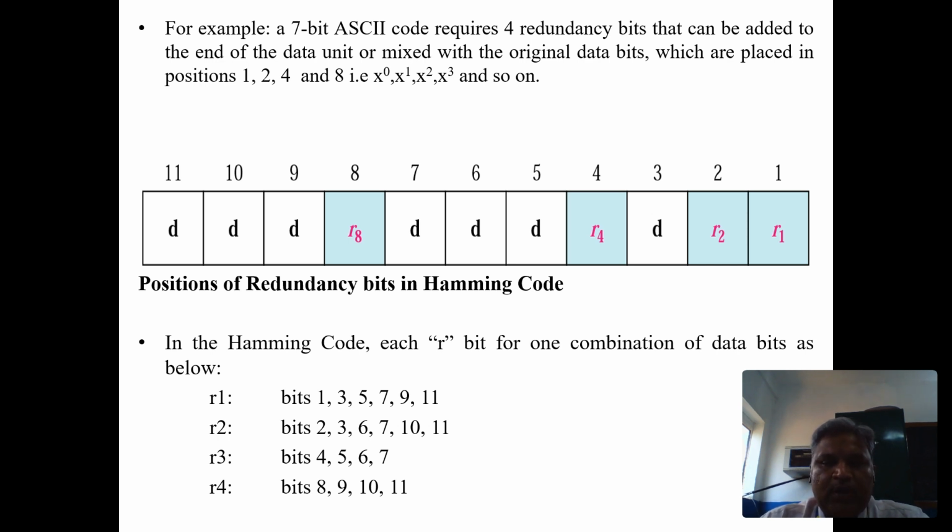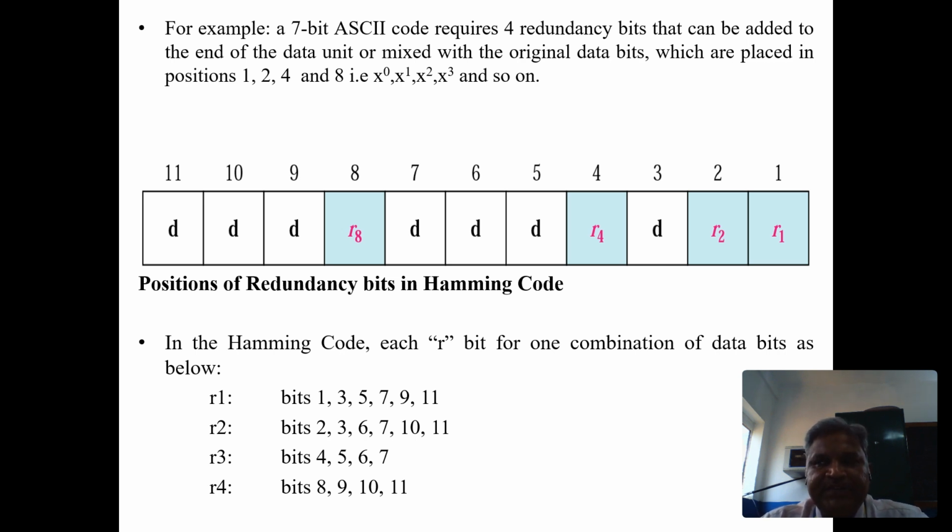We have to write down the numbers in 4-bit binary, starting from 1 to 15, where the 4-bit format of 1 is 0001, of 2 is 0010, of 3 is 0011, and of 4 is 0100. Like this we write down the decimal values in binary in 4-bit format.